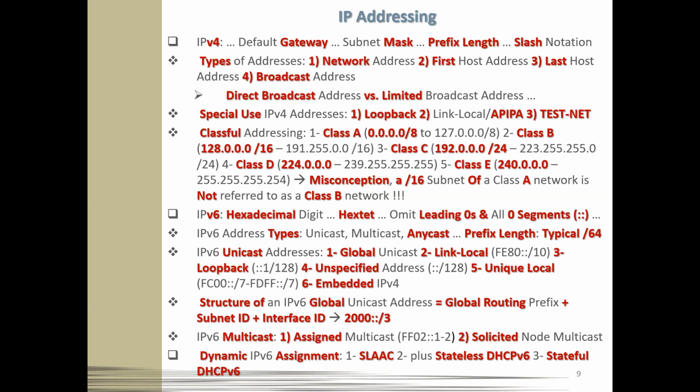And this automatic generation has a drawback. In particular, we ask Cisco IOS routers to use a process that we know as EUI-64, which we will see later, to generate the interface ID portion of link local addresses on IPv6 interfaces.